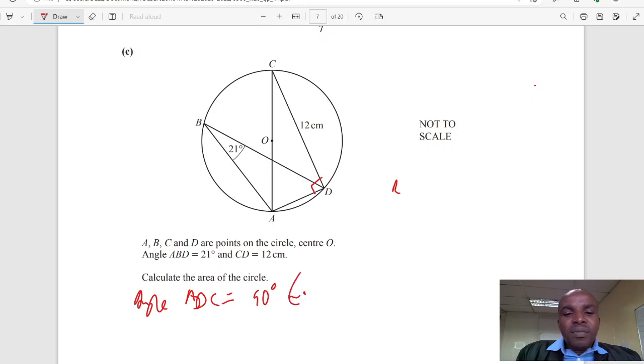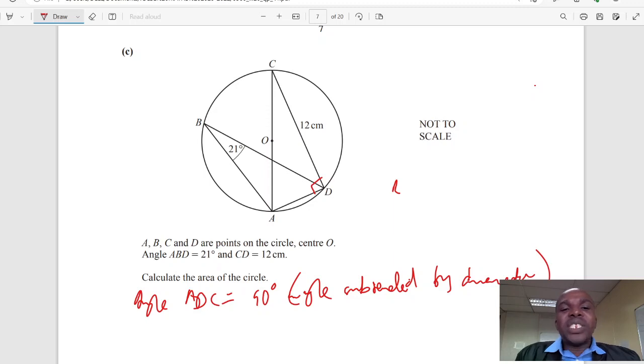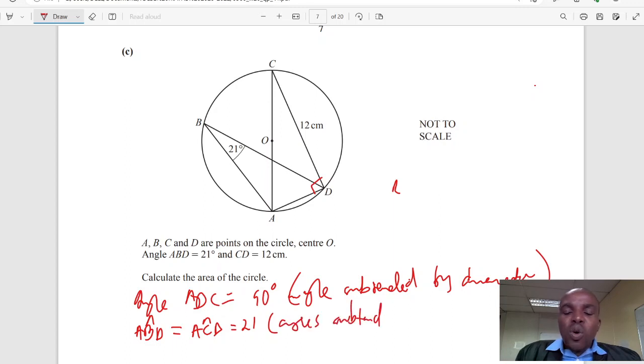Reason: angle subtended by the diameter is 90 degrees. So this angle is 90 degrees. Then this angle ABD, the one given, is equal to angle ACD, which is equal to 21 degrees. Reason: these are angles subtended by the same chord AD.